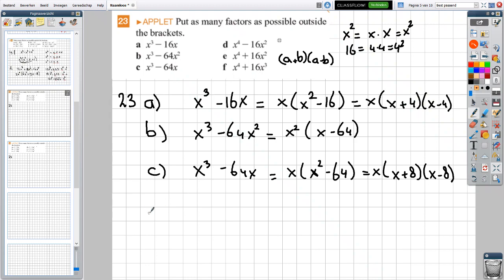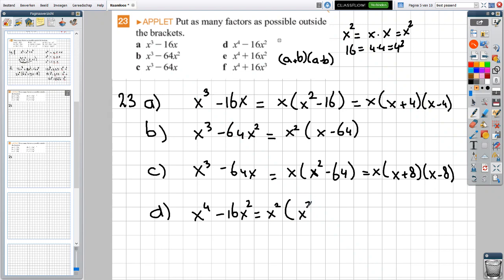Should I do them all? Let's at least take a look at D. x to the power of 4 minus 16x squared. You know my steps. First get outside of the brackets that which is in common. So here I would write x squared outside of the brackets.